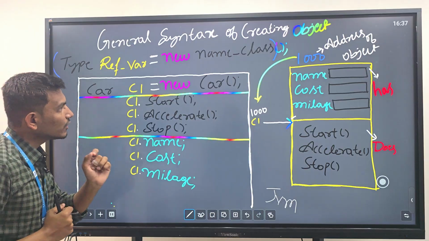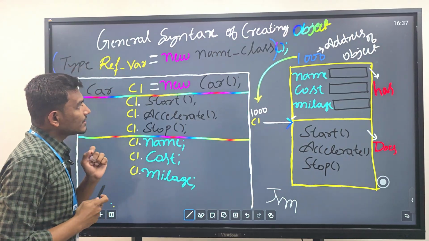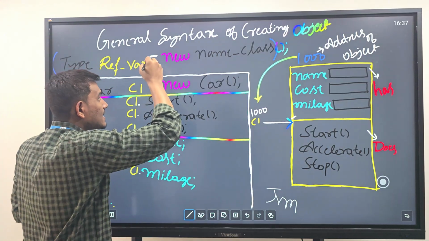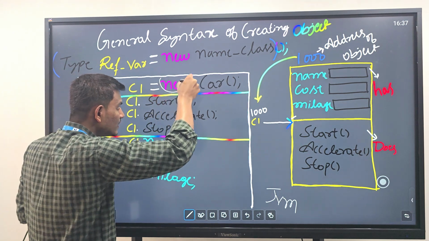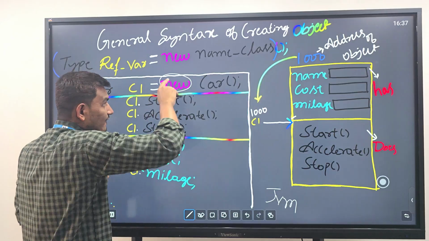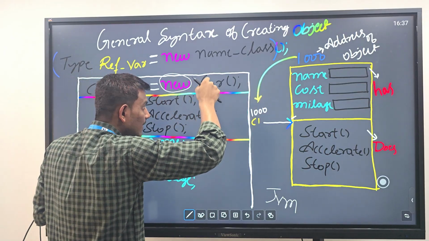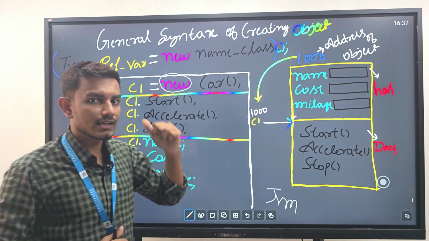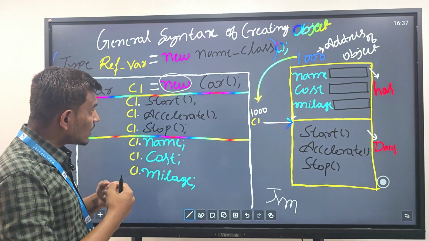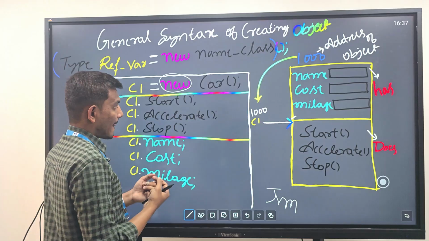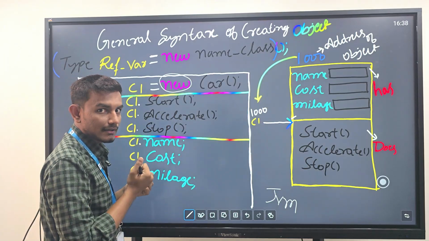Now, if we specify the new keyword and the class name, can you tell me which class I have to create? Car.